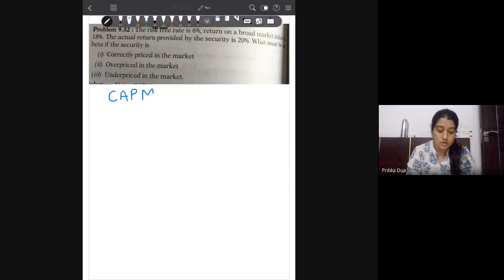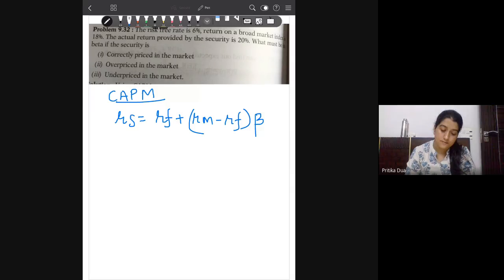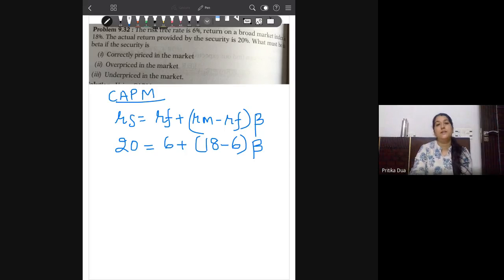So return on the security... So solve this equation and you will get the value of beta.